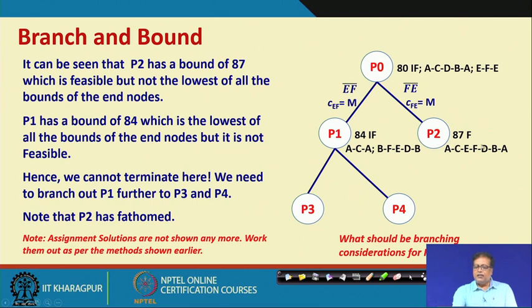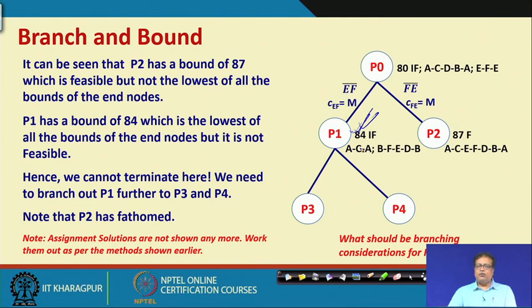But while 87 is feasible, the 84, the P 1, is not. So, you see which one is the lowest of the bounds? It is 84, not 87. So, out of those two, 84 is the lowest. So, 87 is feasible, but 84 is infeasible.